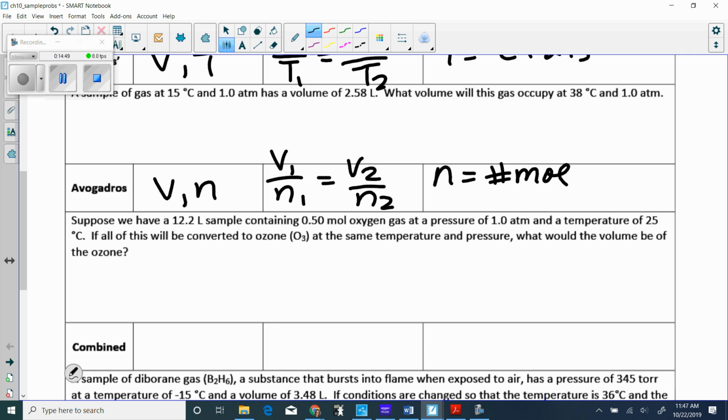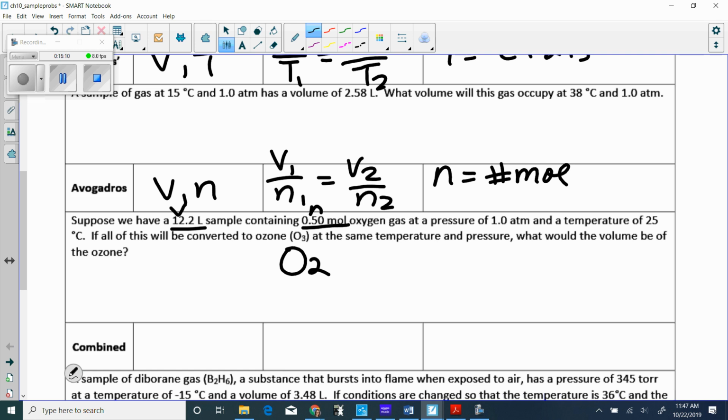Suppose we have a 12.2 liter sample containing 0.5 moles of oxygen gas, diatomics. The diatomics are all gases. This whole unit is going to be filled with diatomics. At a pressure of 1 atm and a temperature of 25 degrees Celsius. Keep that in your mind.